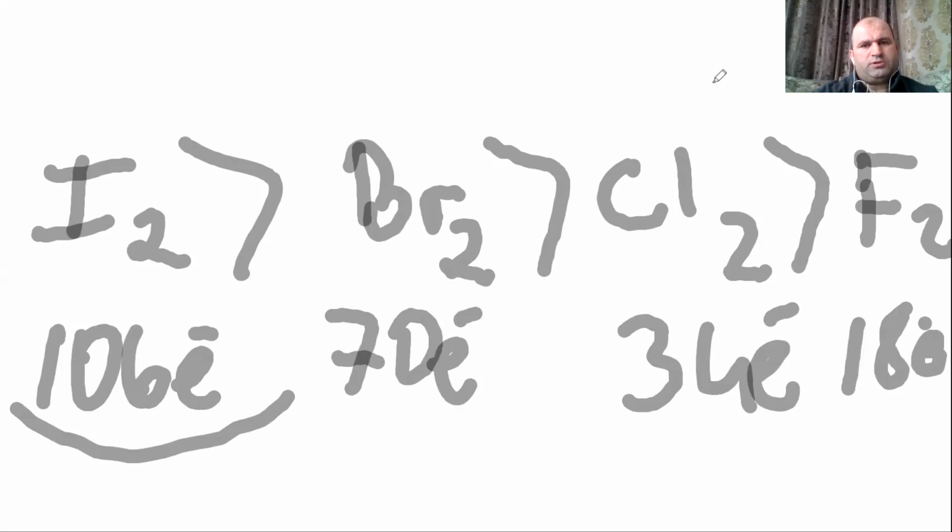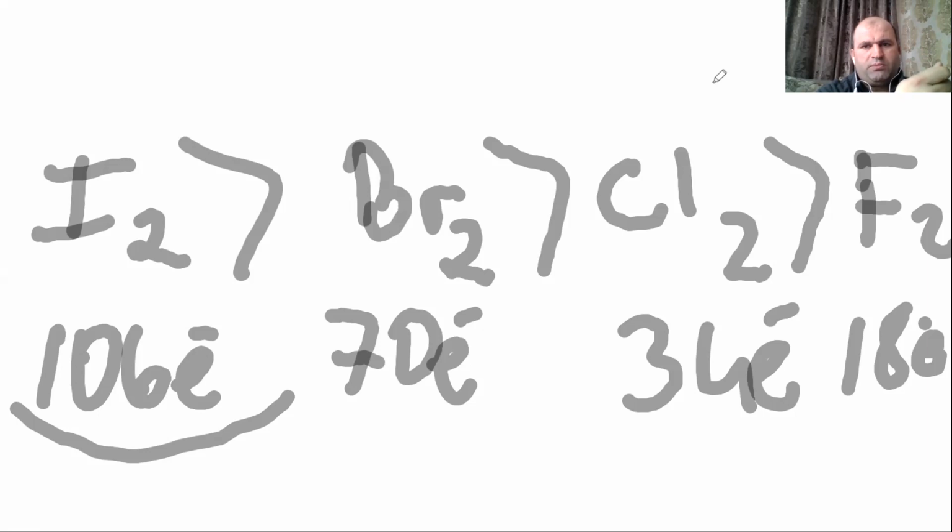The relationship is direct: the greater the number of electrons, the stronger the van der Waals forces. So iodine has the strongest van der Waals forces compared with bromine, chlorine, and fluorine.